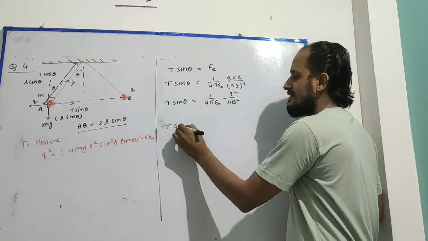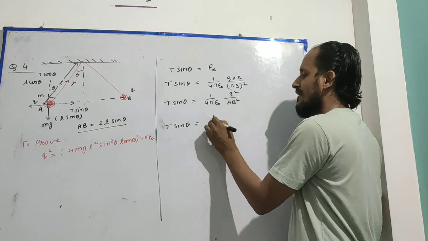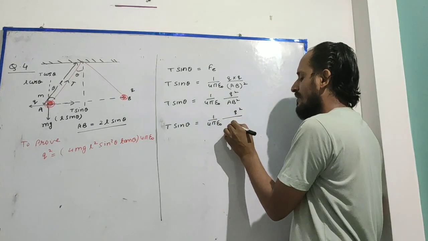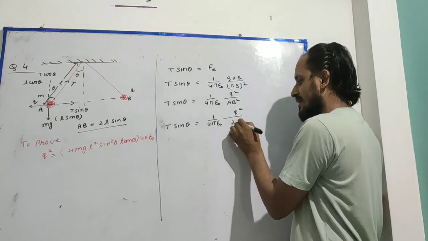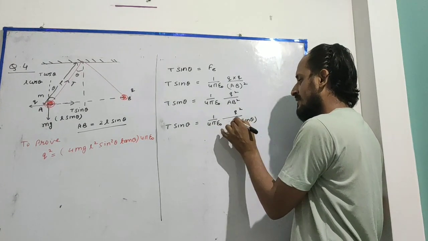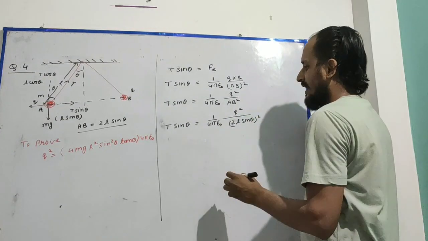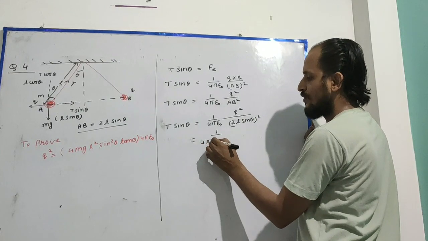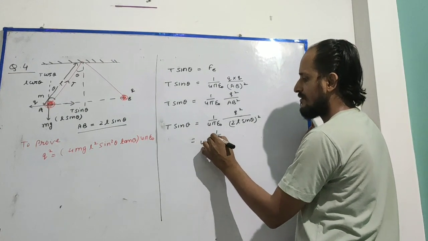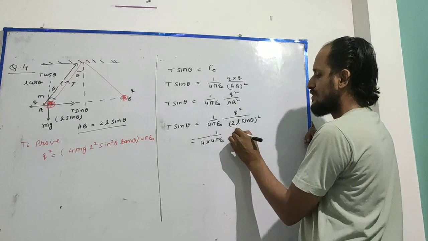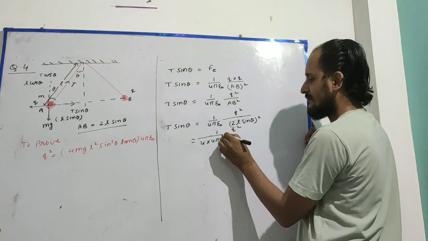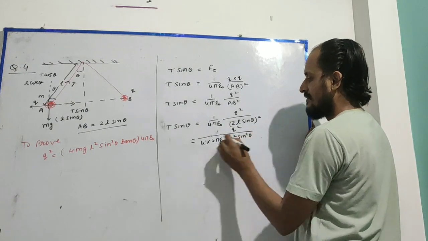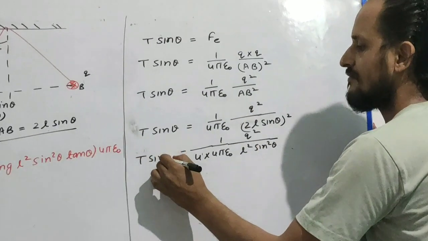So T sin theta is equal to 1 upon 4 pi epsilon naught q square upon 2L sin theta whole square, it becomes 1 upon 4 into 4 pi epsilon naught q square upon L square sin square theta. T sin theta.